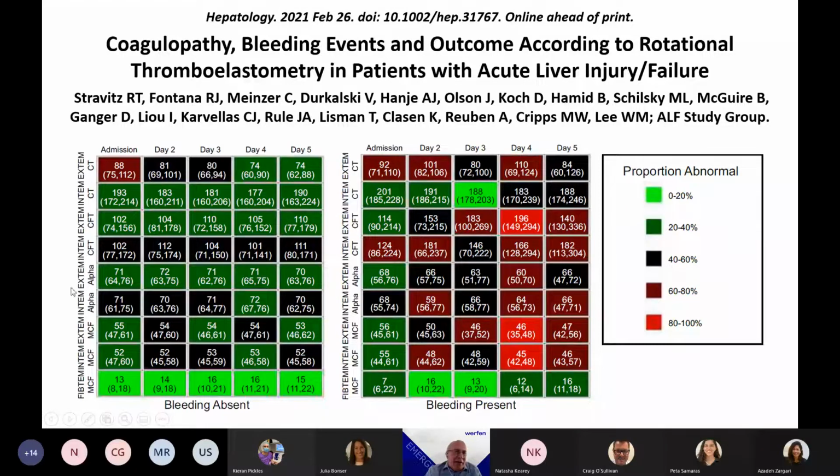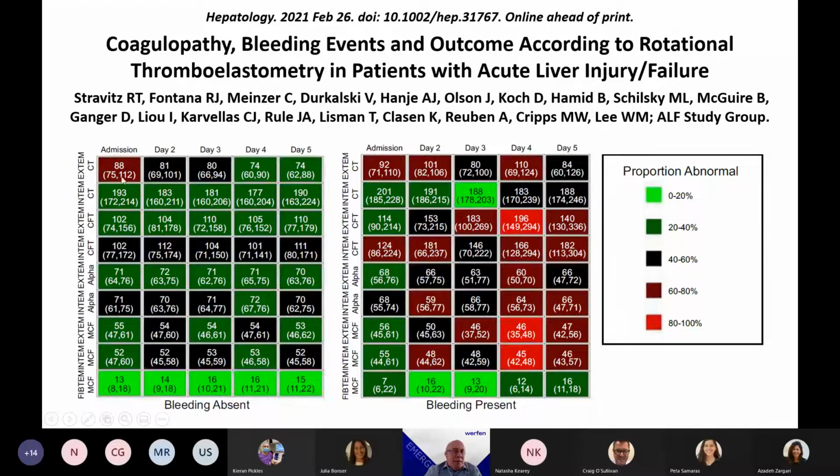So just to understand what we are showing here: in the left box, we are looking at the pattern of patients where we have no bleeding. You see there's a lot of green, whereas the right box shows patients with an increased bleeding risk.